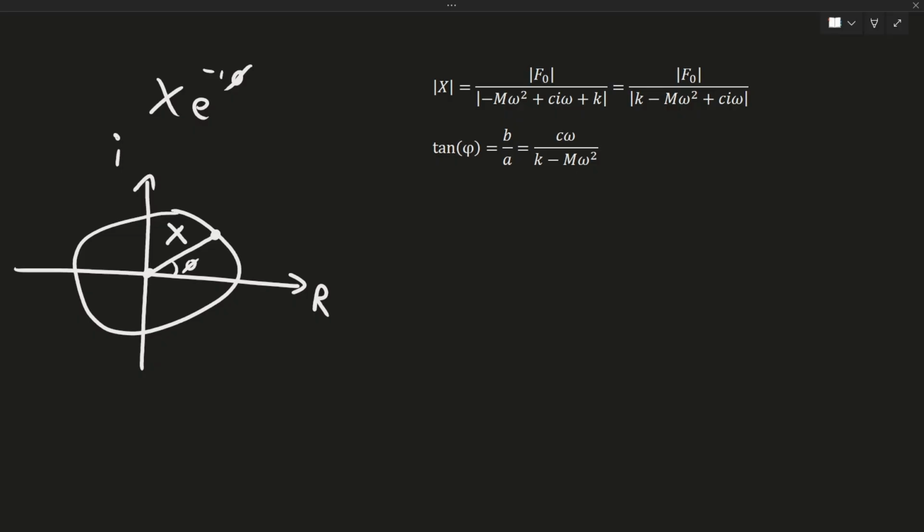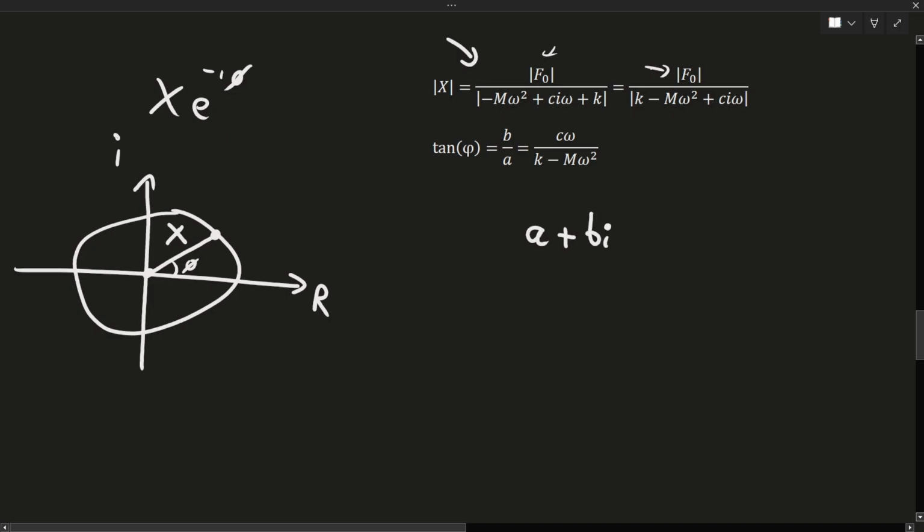To find the radius, it's just a magnitude, okay? Taking the magnitude for the numerator and the denominator, f0 is just f0, it doesn't change anything. For the denominator, you have to take into consideration that in complex number format, they basically write it like this, okay? So to take the magnitude, it's just the Pythagorean theorem. So they take this, where b is multiplied by i.